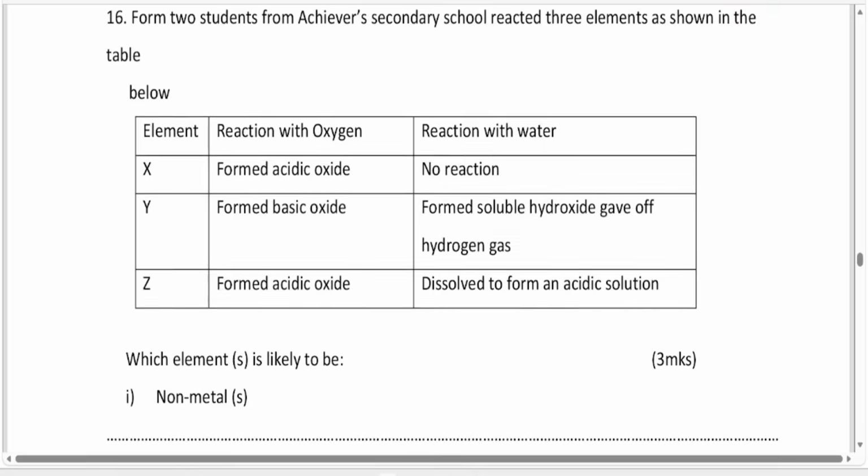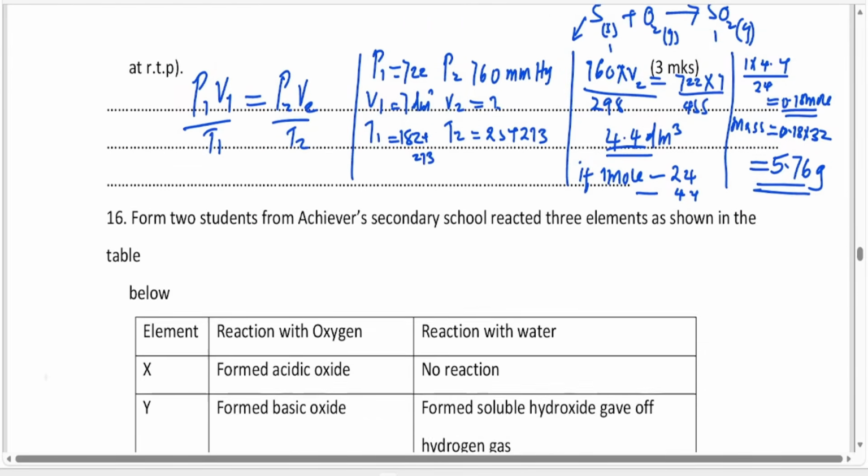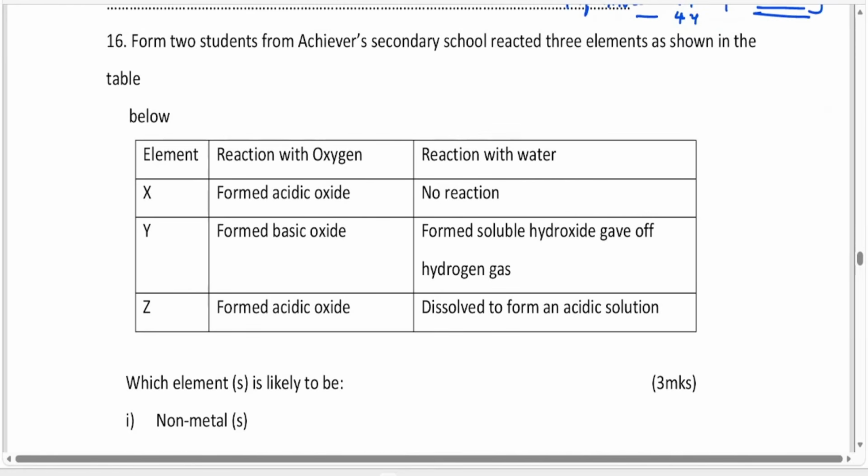Let's move to question number 16. Two students from Achiever Secondary School reacted 3 elements as shown in the table. We have elements X, Y, and Z, the reaction with oxygen and the reaction with water. X, reacting with oxygen, forms an acidic oxide and does not react with water.